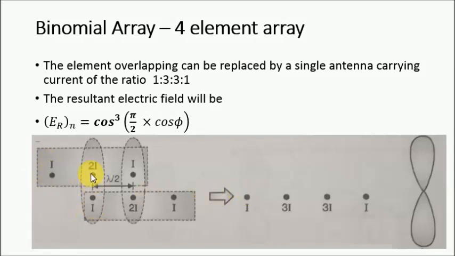This 2I plus I is equal to 3I, I plus 2I is equal to 3I, and this is I. Here there is no element, so it is I. So this will give us the 4 element array, and if you calculate the resultant electric field, that will be cos cube (pi by 2 into cos phi), and again we have a simple pattern, that is the 8 shaped pattern.